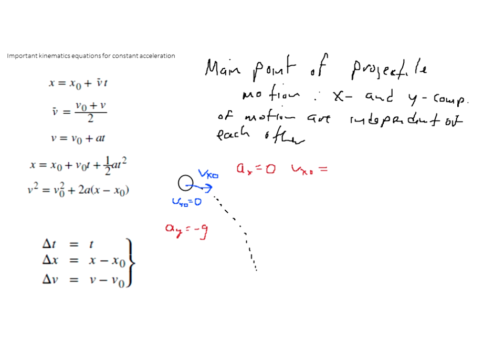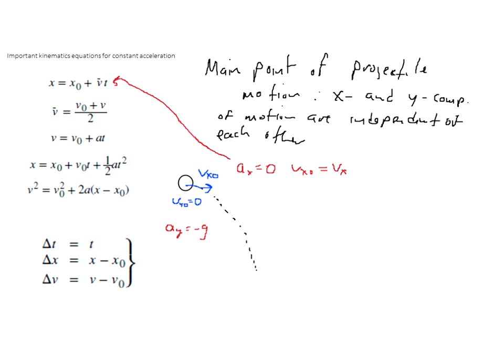So Vx initial equals Vx always. So this equation here applies. So we can find the x direction if we know the initial velocity, for example, and we'll do a couple sample problems.